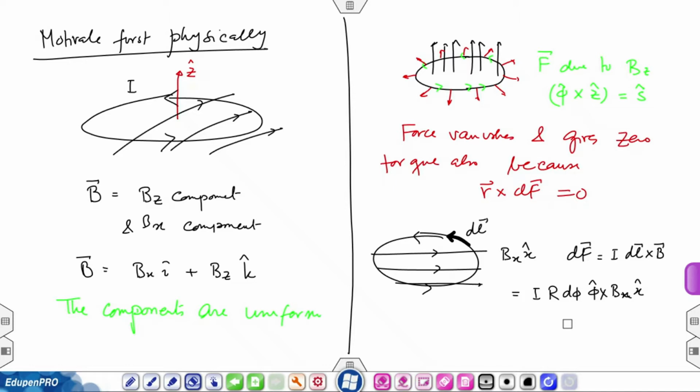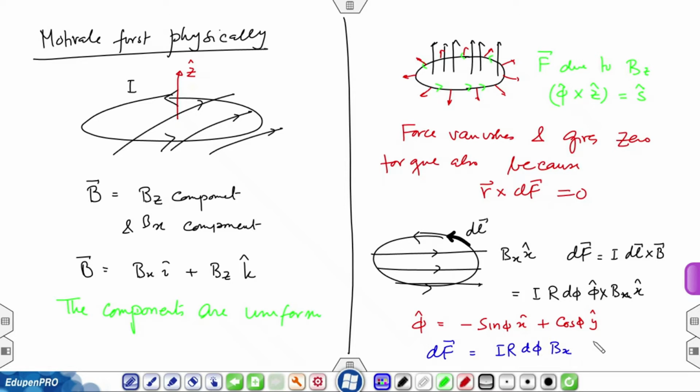Now, I know that phi is equal to minus sin phi x plus cosine phi y, and therefore, this small force dF is I r d phi Bx cosine phi in the z direction with the minus sign in front.